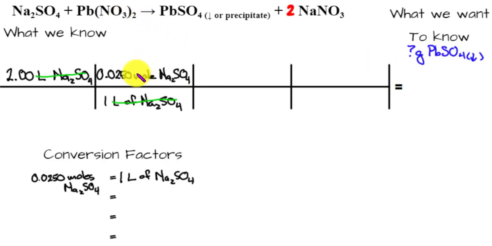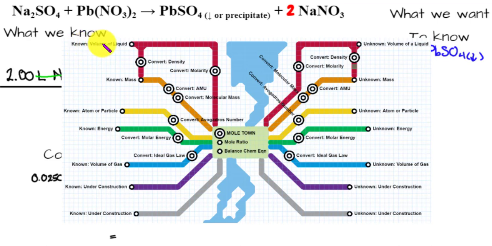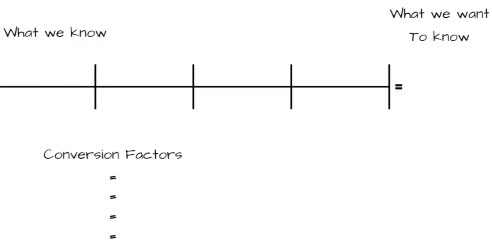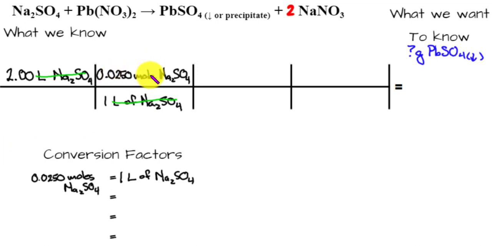So at this point, I have started with my known volume, I've gone through molarity, and I'm getting ready to go through Moletown with my balanced chemical equation. So, Moletown, the mole ratio is for every 1 mole of Na2SO4, I want to go to lead sulfate.